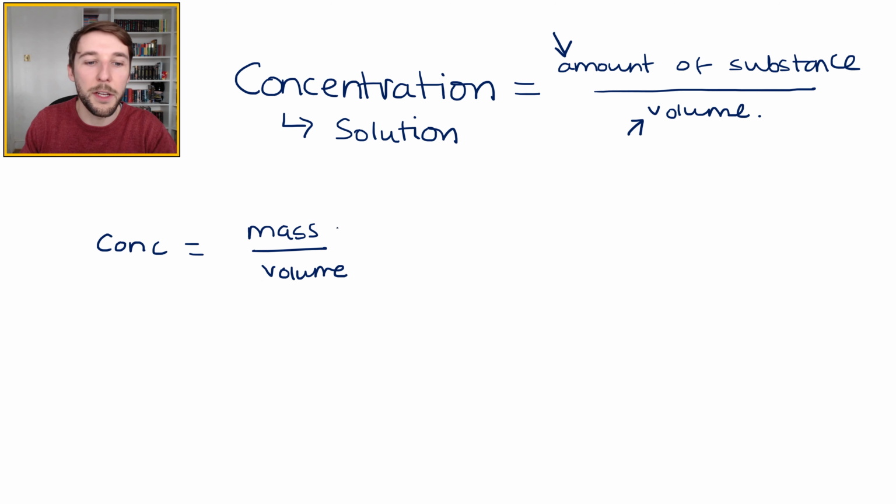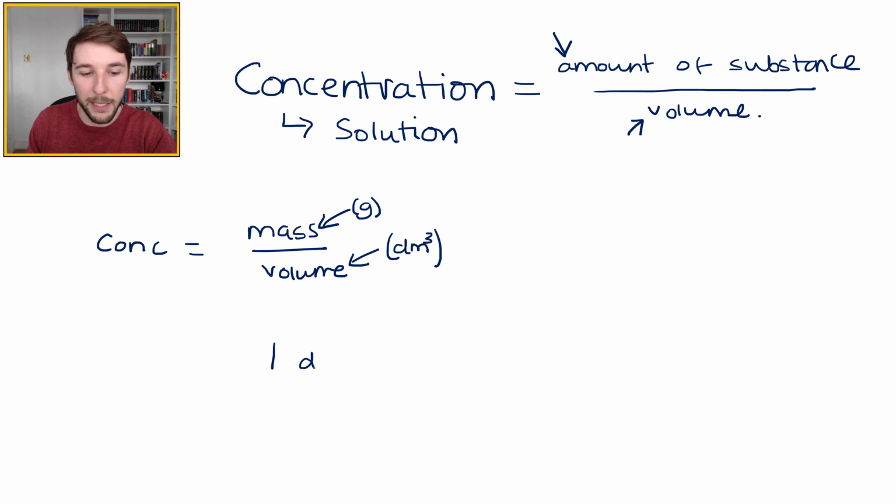Now, the standard unit for mass that chemists use is grams, so we would need to convert any quantities we are given into grams to begin with. And our standard unit for volume is cubic decimeters. So we need to understand, before we move on, this idea of cubic decimeters.